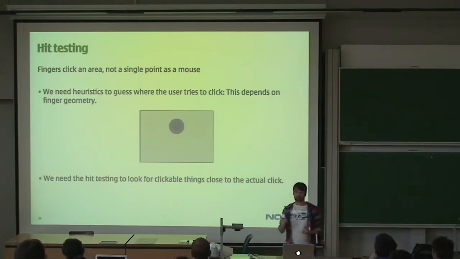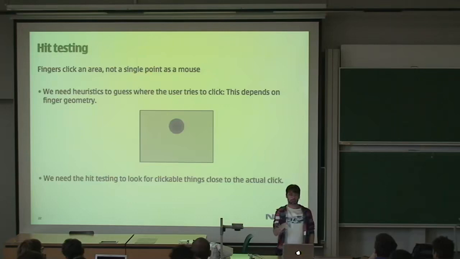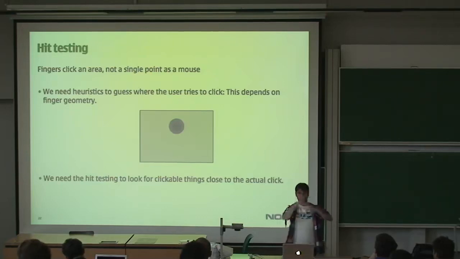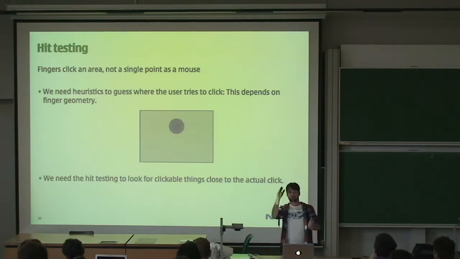But instead of just looking at what's below it, because most of the time you make them miss it, because your big fingers are imprecise and you can't see where you click, we use an algorithm in WebKit that will try to figure out whether there is anything clickable in the area where I clicked. So was there a link just below it? Then the user probably wants to click on that link, and we will click on that for the user.